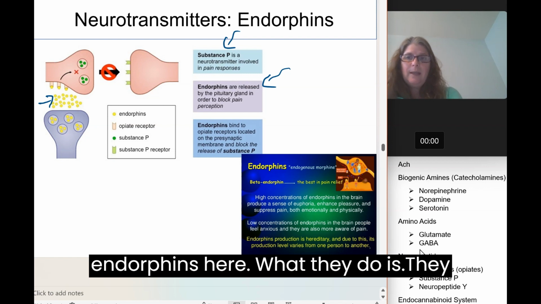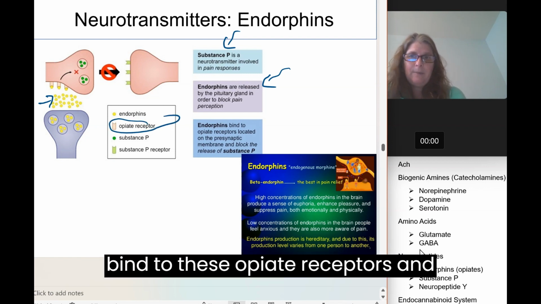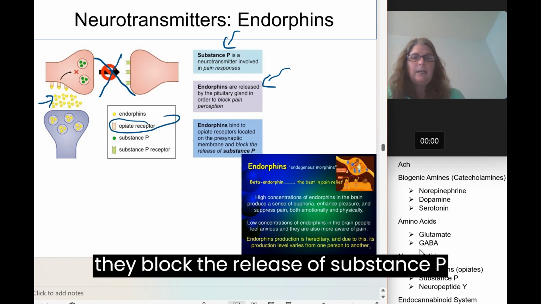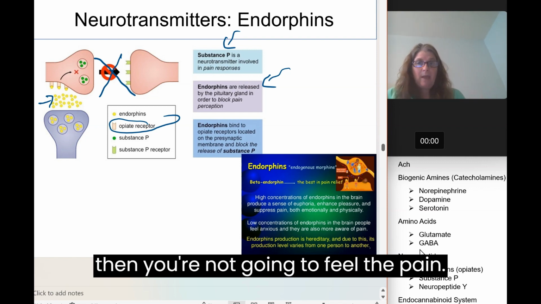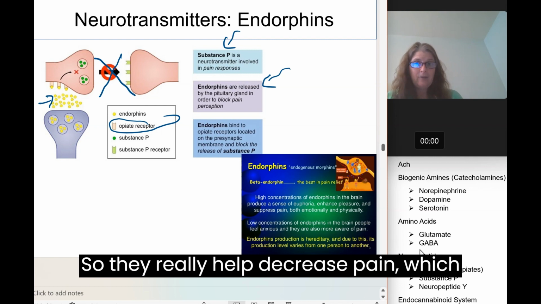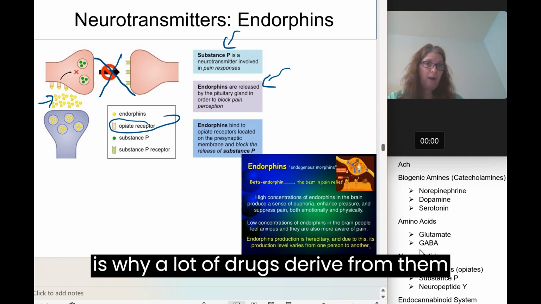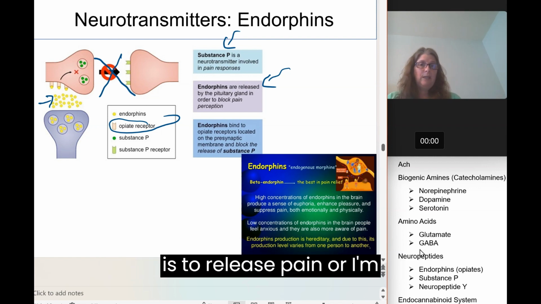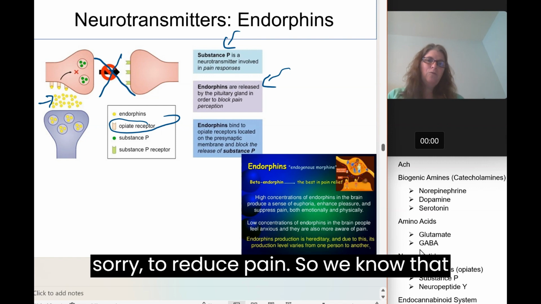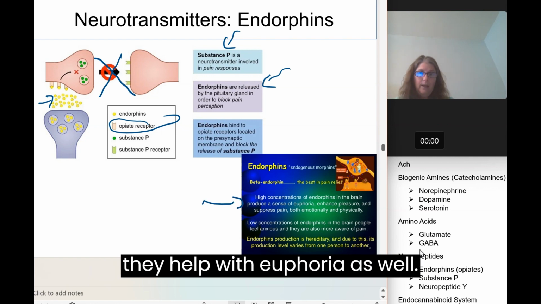What they do is they bind to these opiate receptors and they block the release of substance P. Well, if you don't release substance P, then you're not going to feel the pain. So they really help decrease pain, which is why a lot of drugs derived from them, like OxyContin, are used to reduce pain. So we know that they help with euphoria as well.